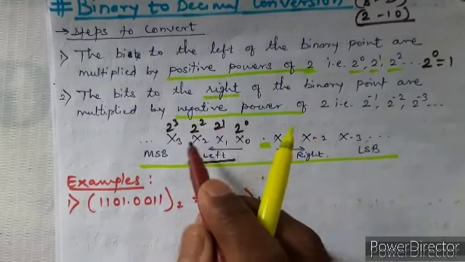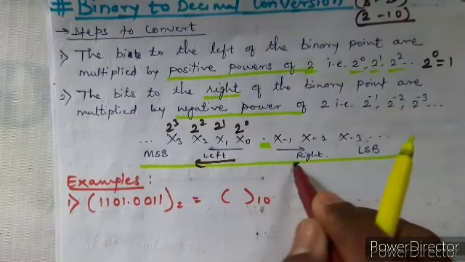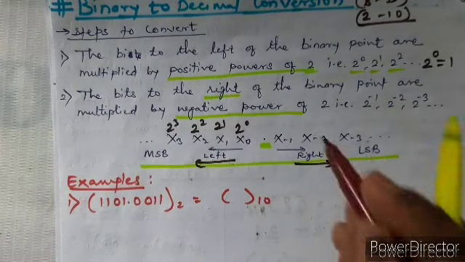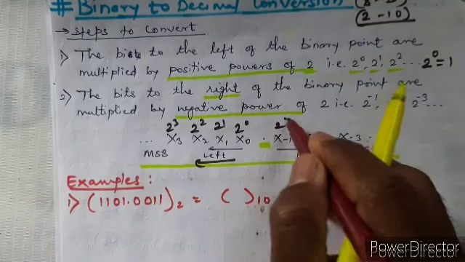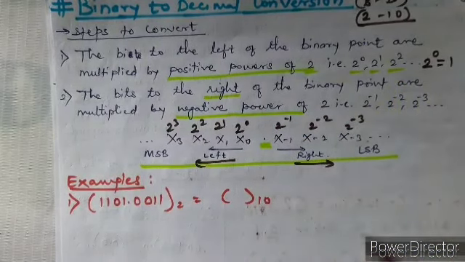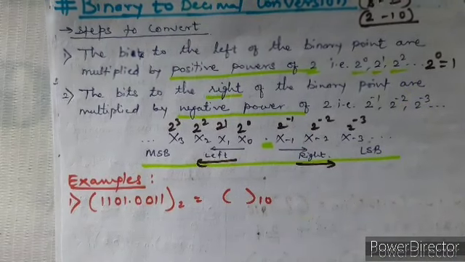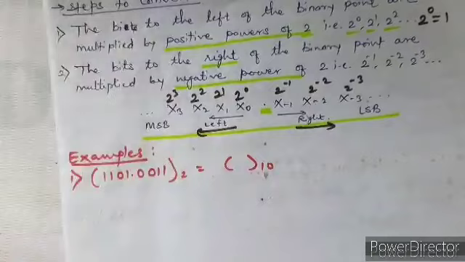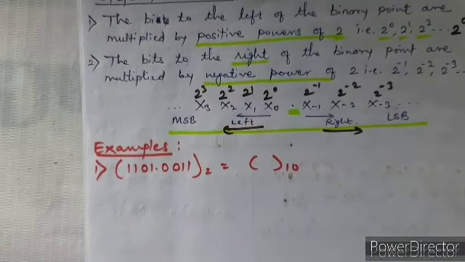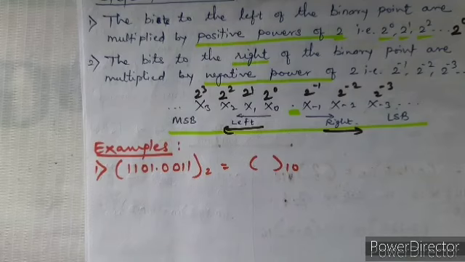This x0, x1, x2, x3, they are all coefficients or the given number. And when we move to the right side, then this 2 raised to minus 1, 2 raised to minus 2, 2 raised to minus 3 with this coefficient. A very simple conversion. This is binary to decimal conversion. This is one method. Another method I will discuss after having discussed this method.